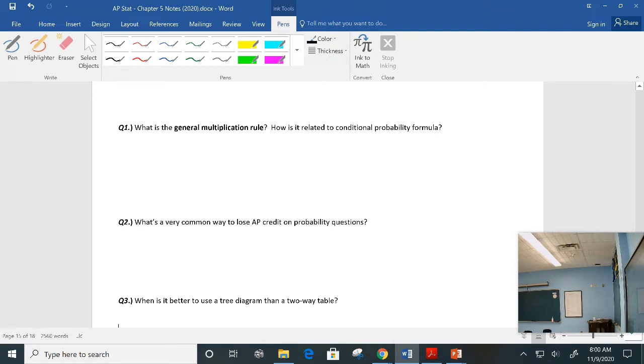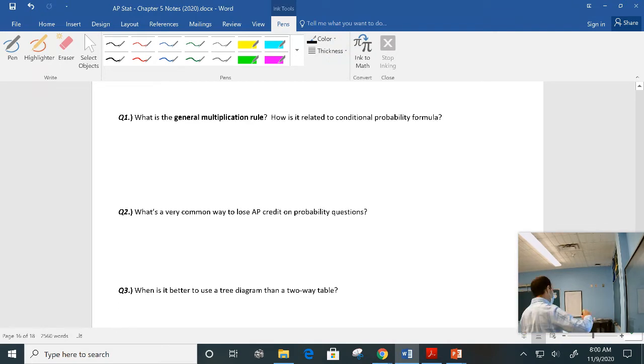So, just some questions that we can answer though. What is the general multiplication rule?